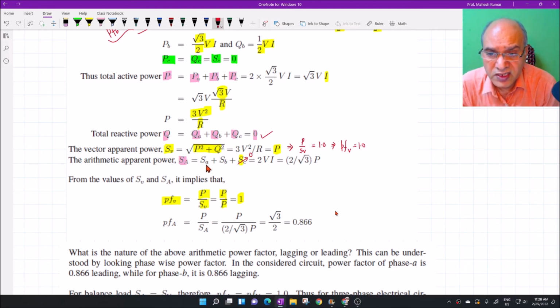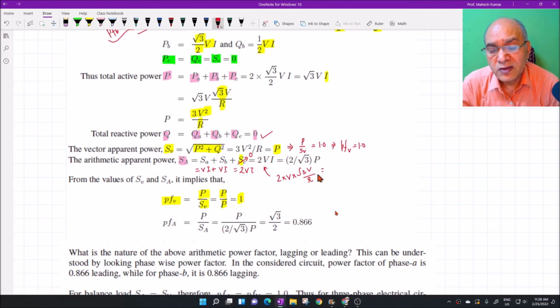Basically the mod of SA is nothing but BI, and mod of SB is also BI. Okay, so this becomes 2 into BI. Now we replace the value of I, which is root 3 B by R. So this becomes 2 into B into root 3 B by R.